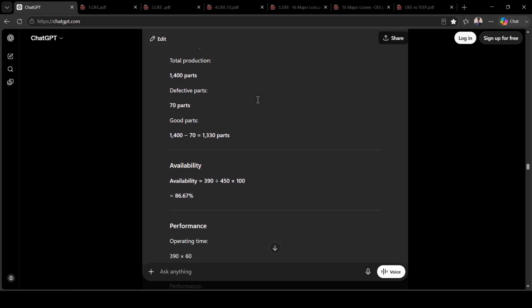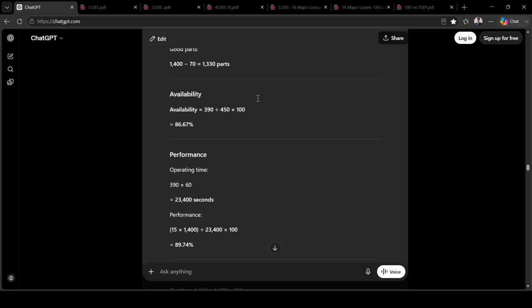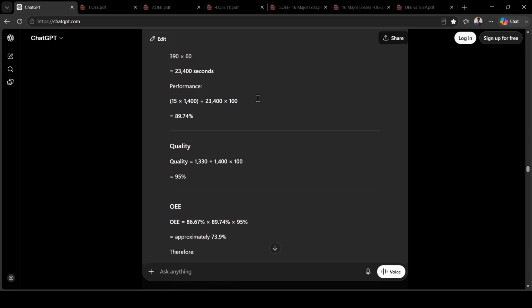Availability equals 390 divided by 450 times 100, so 86.67 percent. Performance: operating time 390 times 60 is 23,400 seconds. Performance equals 50 times 1400 divided by 23,400 times 100, so 89.74%.